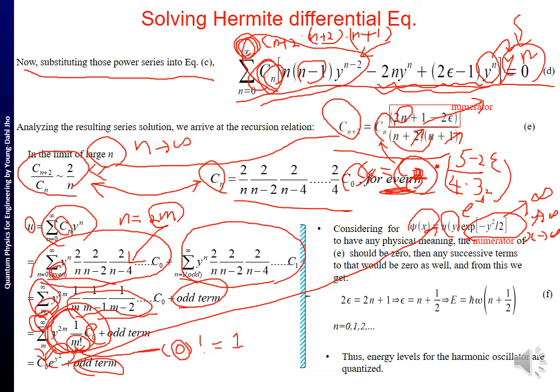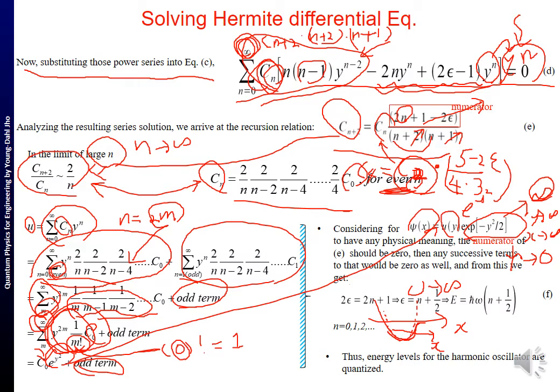And from the previous potential shape, if x goes to infinity, the potential goes to very large. So the wave function should go to 0, instead of infinity. So something is wrong here, right?